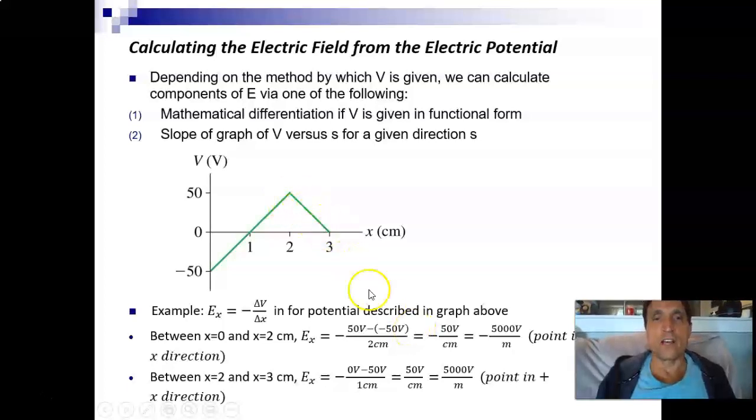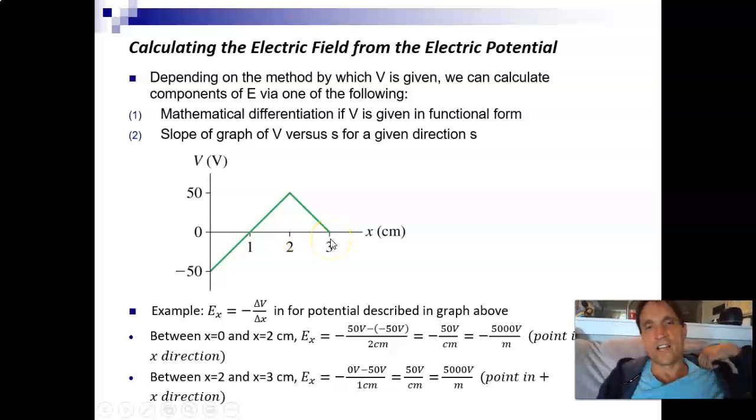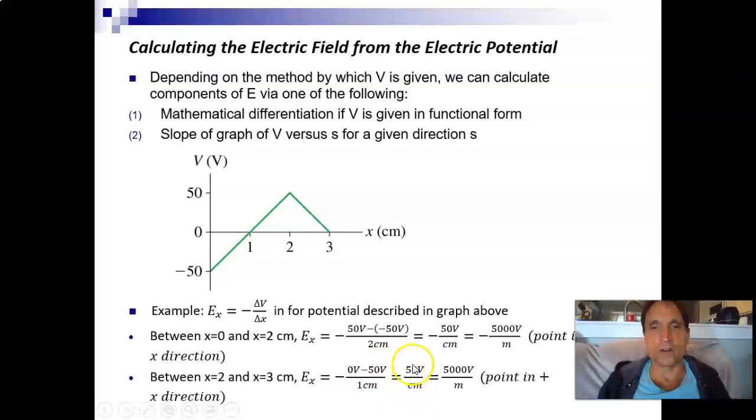In this case, the slope is 0 minus 50 over 1, so the slope is negative 50 volts per centimeter. The electric field is the negative of the slope, which means the electric field strength is 50 volts per centimeter. It's positive, so it points in the plus x direction.